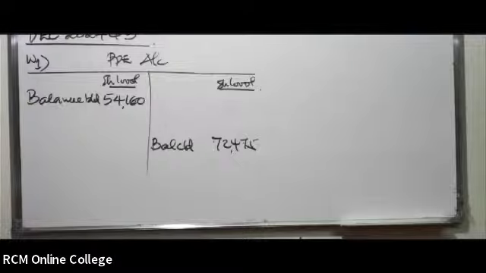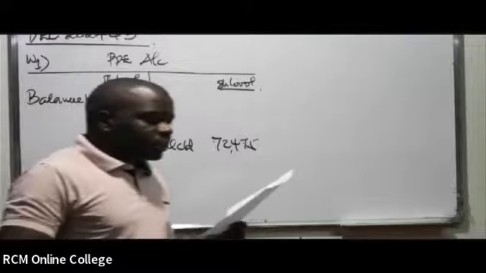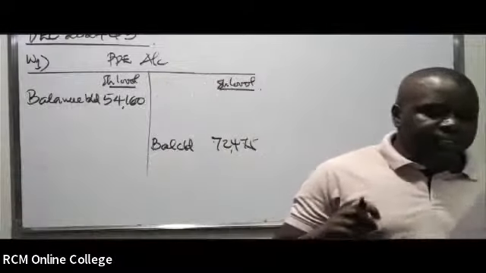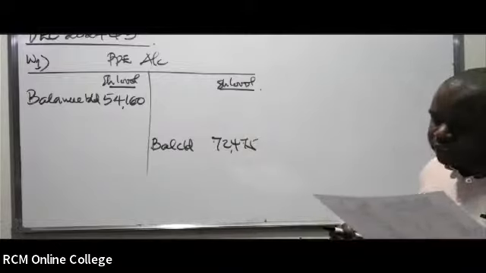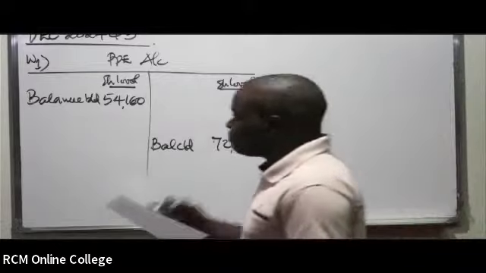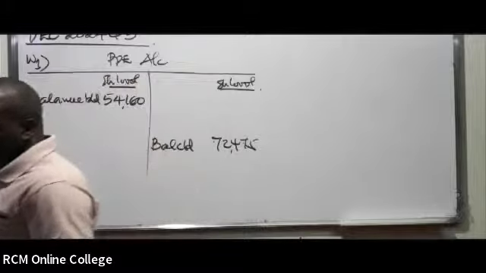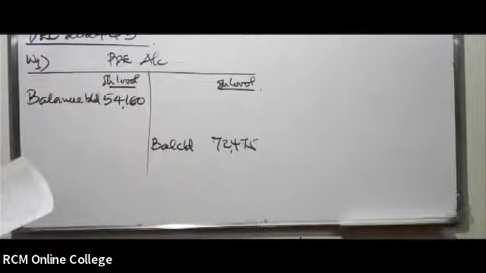During the year ended 31st of October 2024, the directors of the company accepted a property revaluation report at a gain of 4.5 million. So that 4.5 million, what will we do with it here?